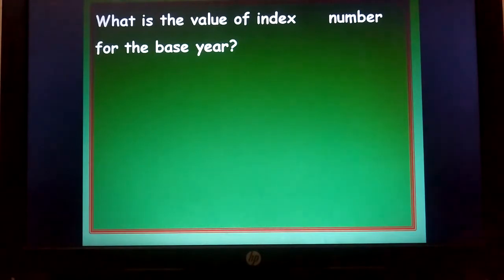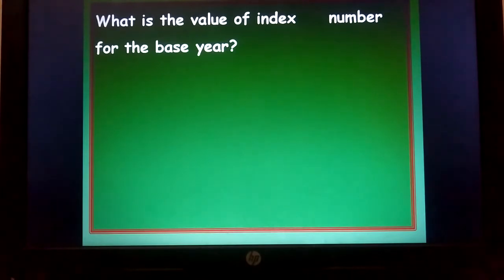What is the value of index number for the base year? One of the basic questions. Last class I made it very clear to you already that basically the index number for the base year is kept as 100 or 100%, which will very much help us in studying the current year index number with respect to the base year.